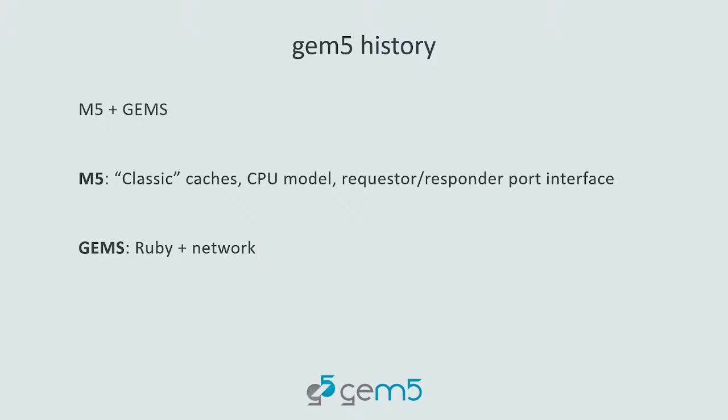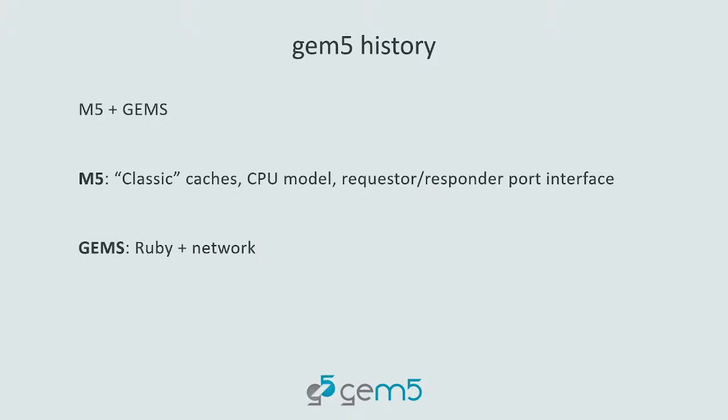Okay, so remember back at the beginning I talked about this gem5 history between M5, which had all this Python stuff that you saw, all the SimObject stuff that we talked about yesterday, as well as a bunch of models of things like CPUs, ISAs, and that really nice modular ISA where any ISA could be used with any CPU model. And then there was GEMS, which had very detailed cache coherence and on-chip network models.